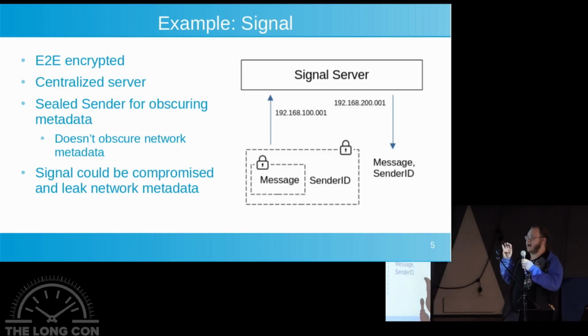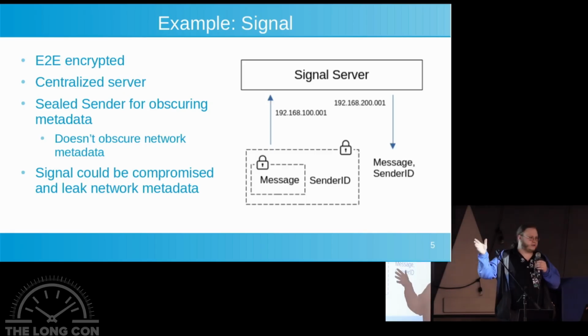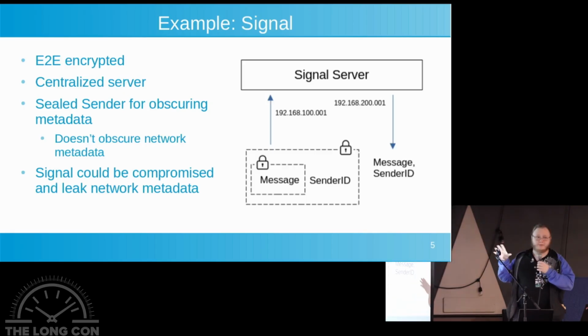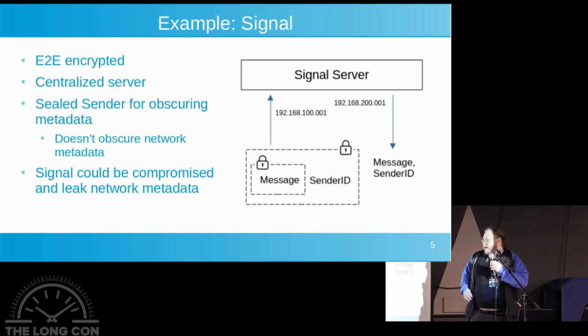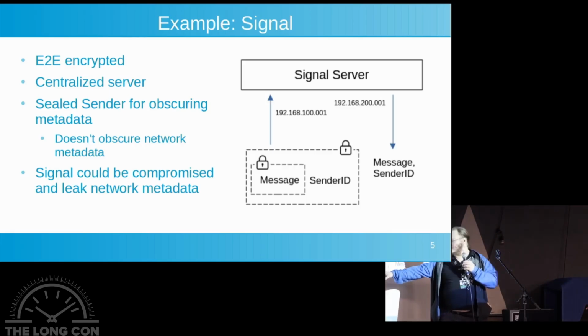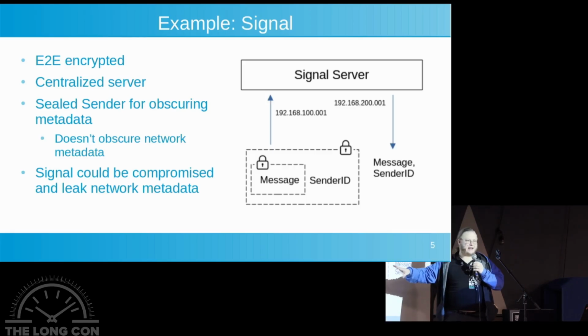So Signal has a feature called sealed sender that they say helps to conceal metadata. I'm not very convinced. How it works is on the user's device, they first encrypt their message, and then they add a second layer of encryption where the sender ID is included.